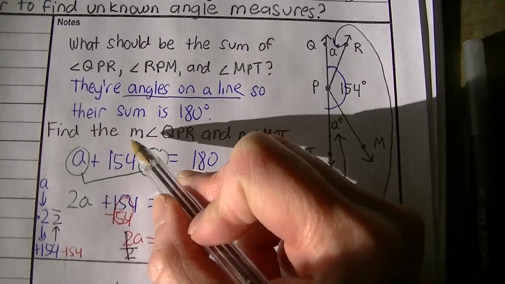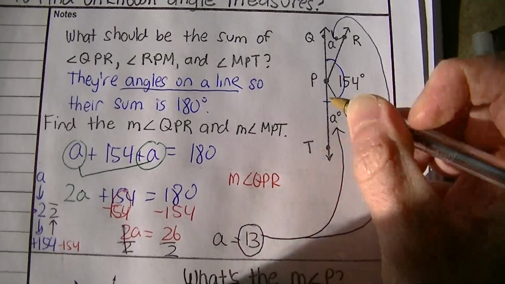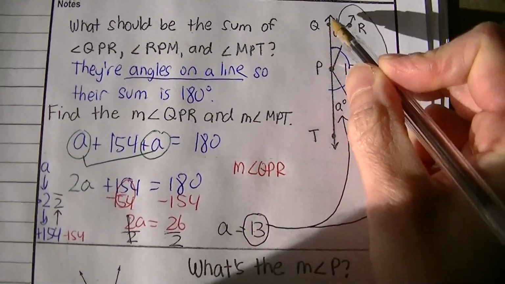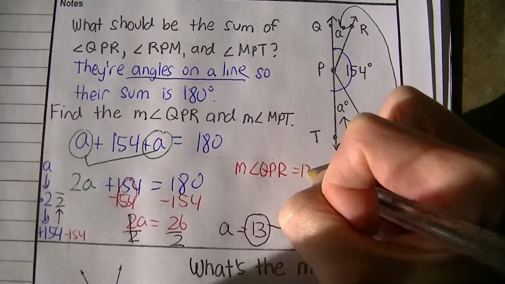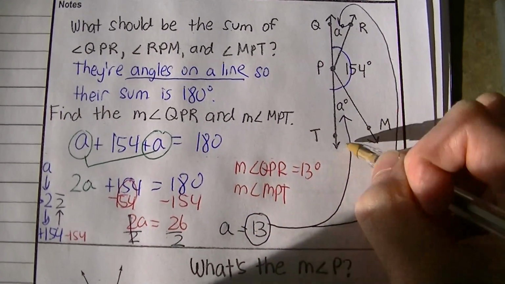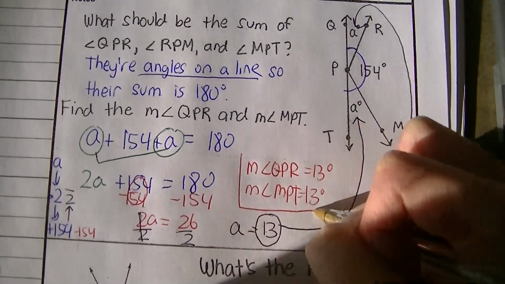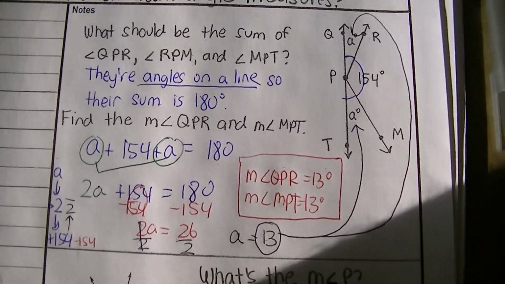Since it's asking for the measurement of angle QPR, I'm going to write that the measurement of angle QPR is 13 degrees. The measurement of angle MPT, once you substitute back in, is also 13 degrees. And I'm going to draw a big rectangle around it so it's obvious that that is my answer.